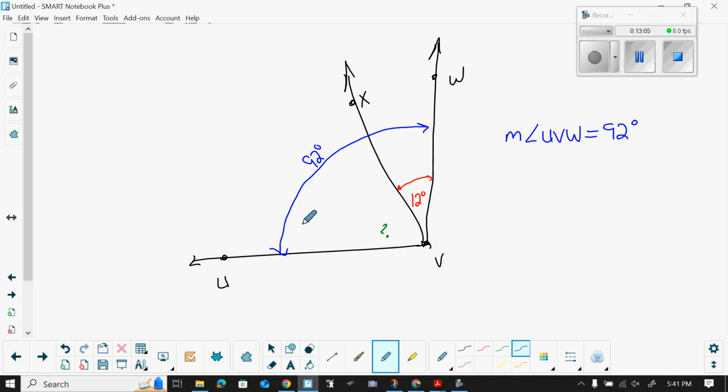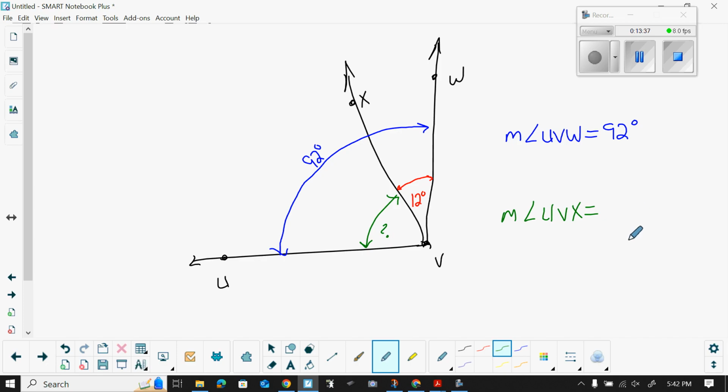Now if I know that it's opened up 92 degrees all the way across, and I'm also told that this 12 right here is how far it is, just this part, and if the question then states what is the measurement of angle UVX, where this green one is at, I should know that a way to find that would be to subtract. Subtraction again is taking a whole amount, in this case 92 degrees, and getting rid of a part of it, in this case 12, to see what's left.